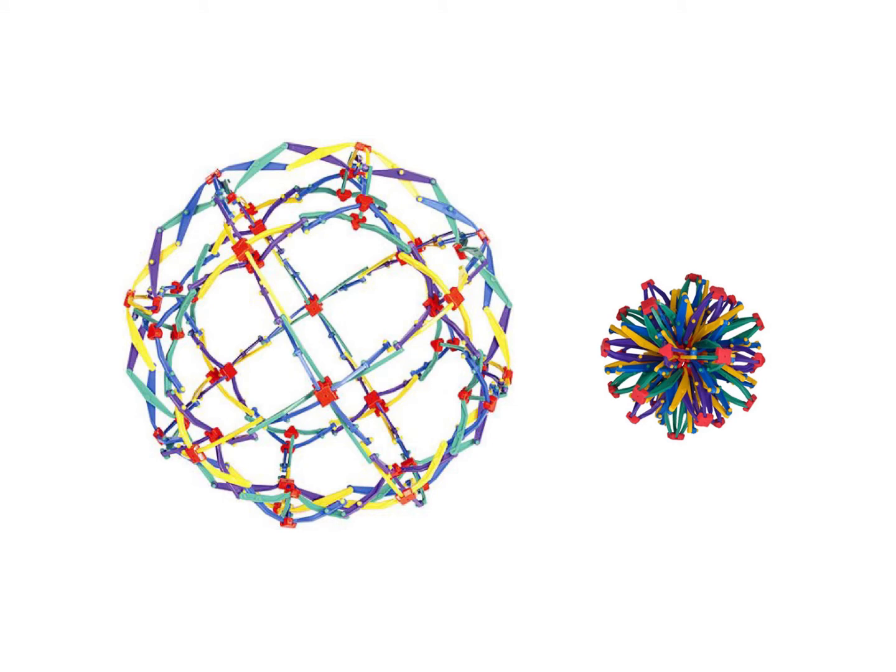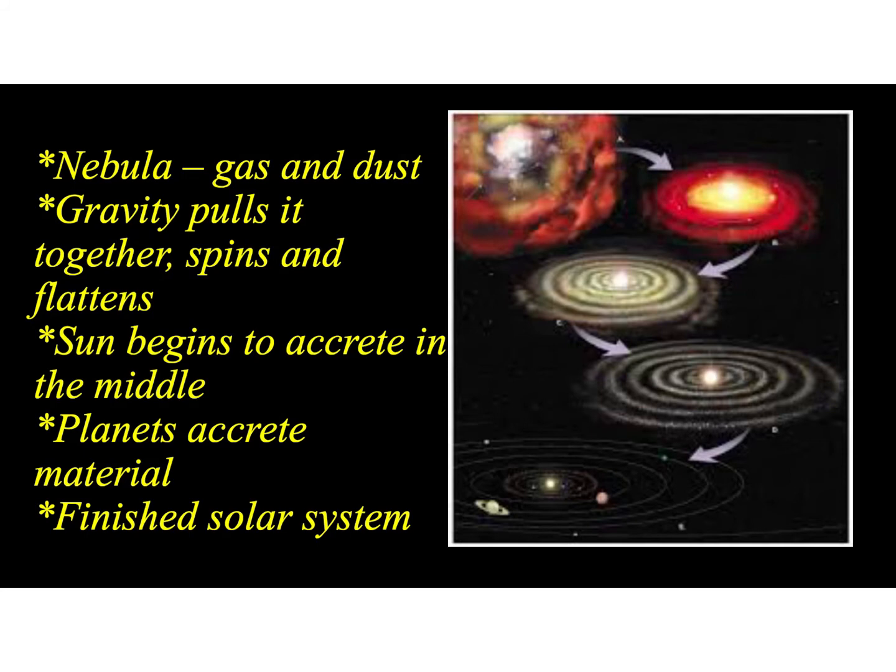If you've ever played with a Hoberman sphere, you understand how this works. As you rotate the giant sphere, it collapses into a tight ball. The process of accretion continues to occur, bringing more material into the sun and beginning to clump up other bits of material into small planetesimals that will eventually combine to make the planets.